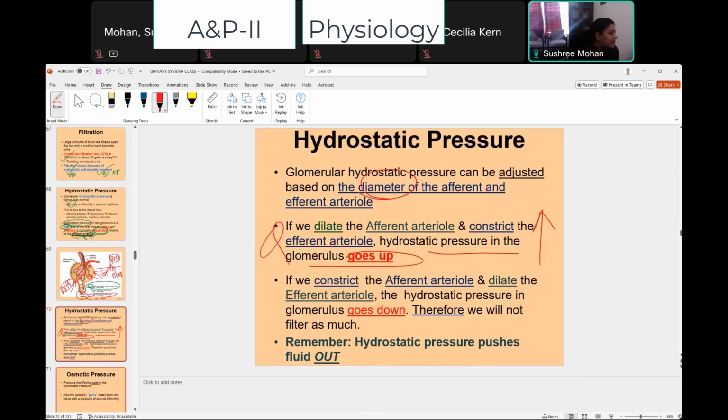But if the afferent one constricts, meaning narrow diameter, that means blood flow will decrease, and the efferent one will dilate, then the pressure will go down. Hydrostatic pressure always pushes the fluid out so that it will move into the PCT.